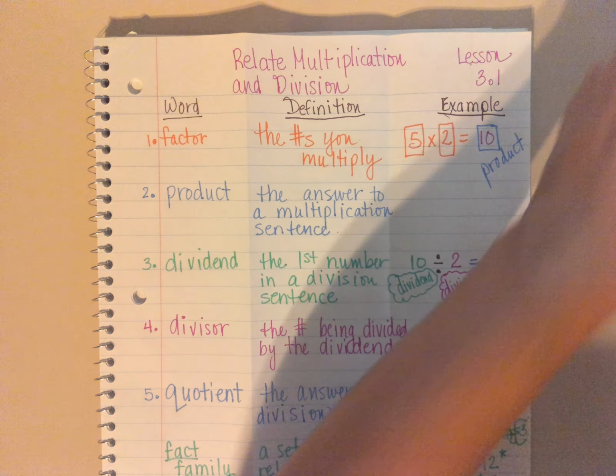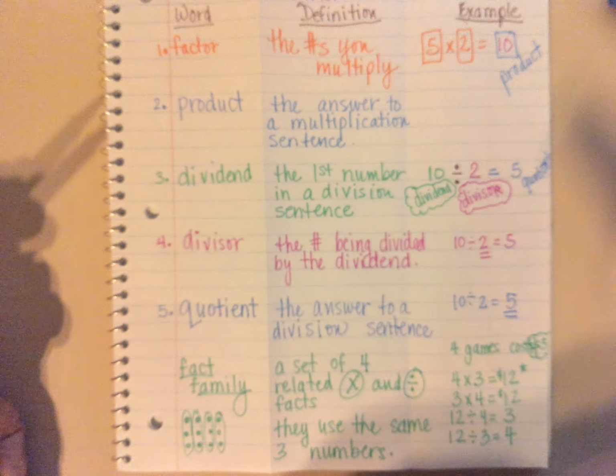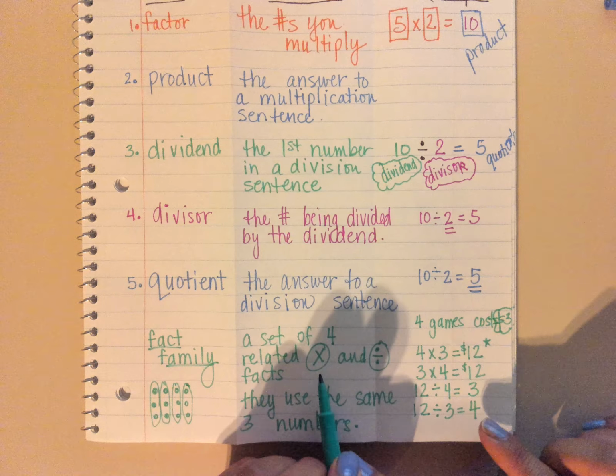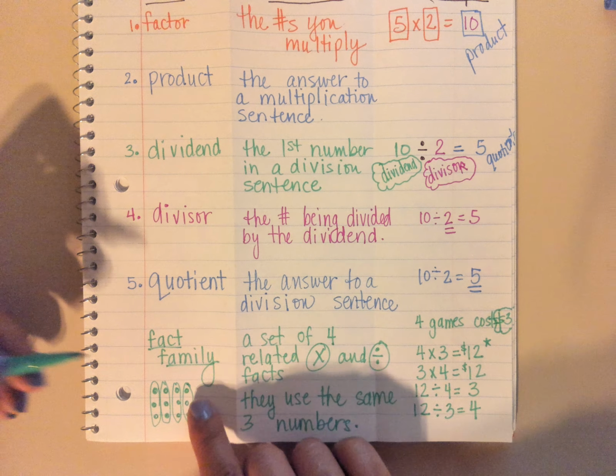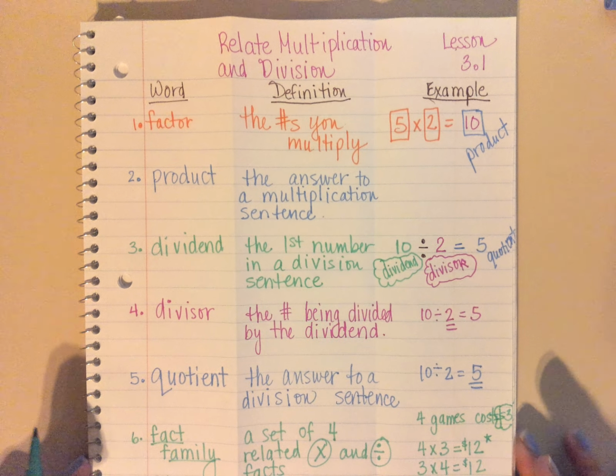And when you use multiplication and division into a set of 4 related multiplication and division facts, you have a fact family. So this is our vocabulary for this lesson.